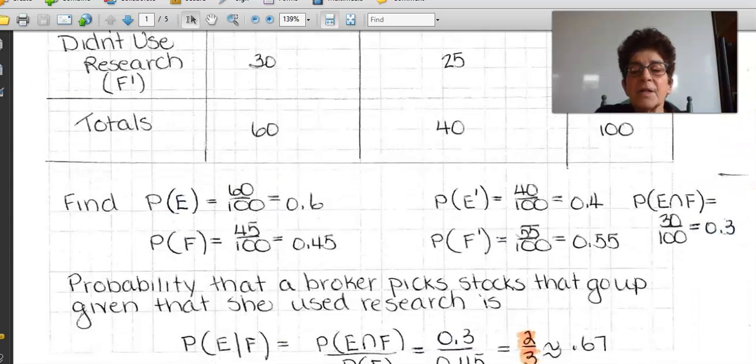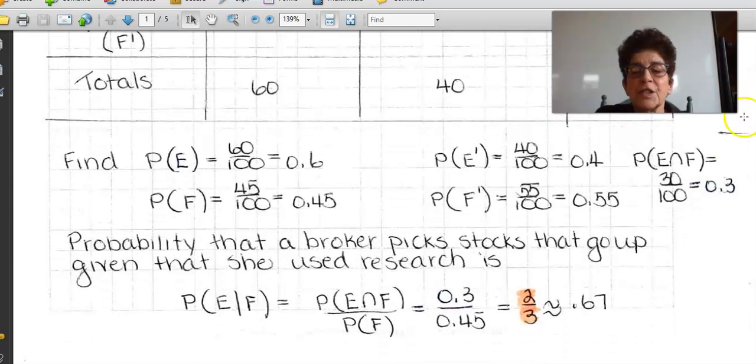Now let's take a look at some conditional probabilities. Now we've managed to compute all of the probabilities that we're going to need. We want to ask, what's the probability that a broker picks stocks that go up, given that she used research.